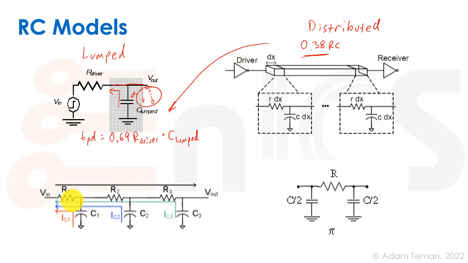And if we make these R and C infinitesimally small, we get something like RC over 2, which is similar to the 0.38 RC we get over here. So this is the Elmore model. Okay, and that's what's really commonly used for calculating the R's and C's, especially when you have branches and so forth in our types of circuits.